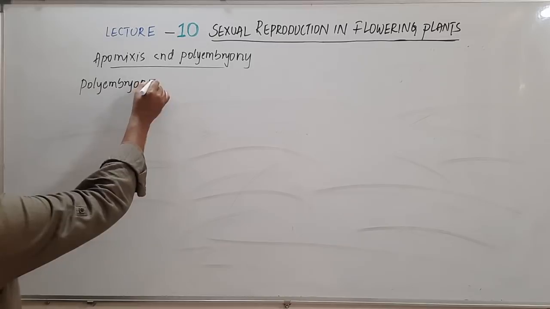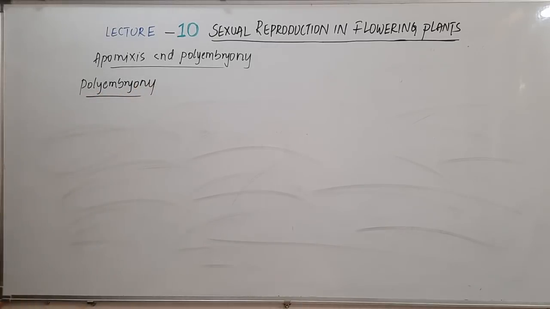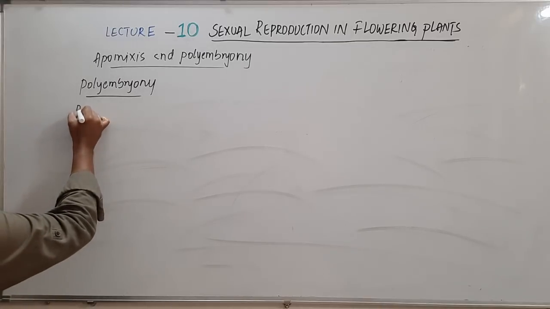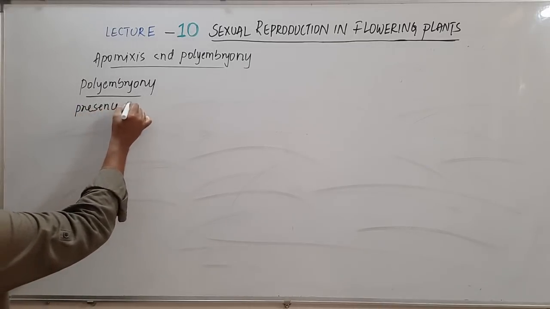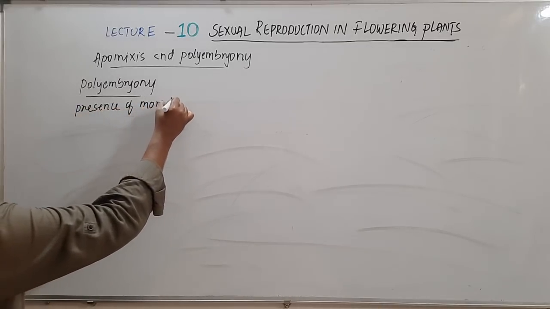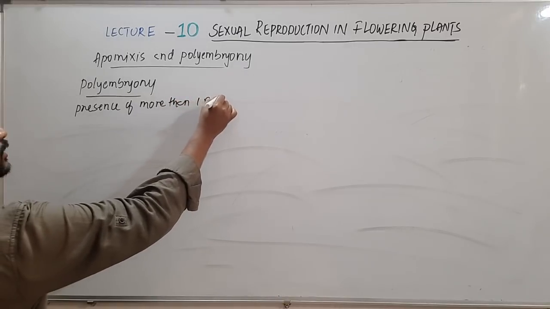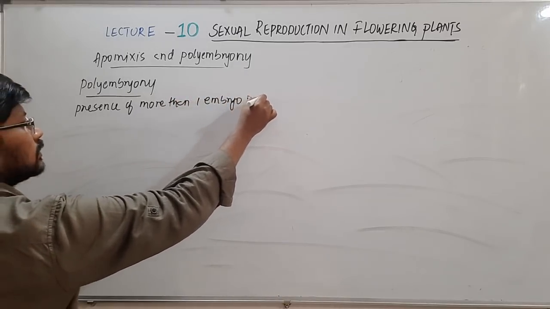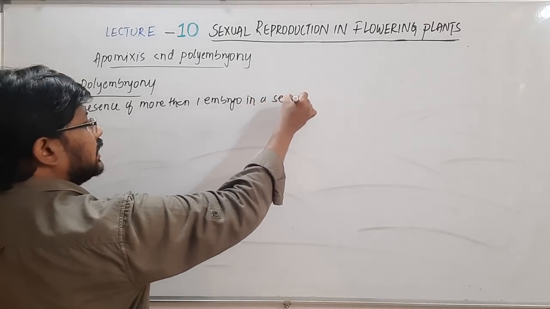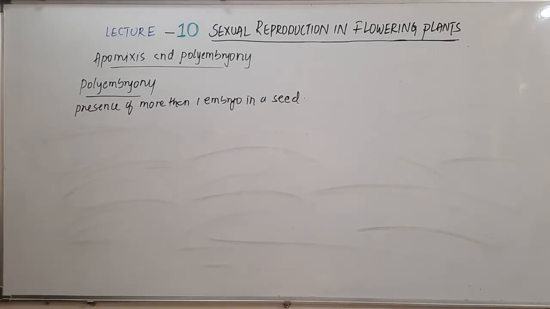First, let's see how polyembryony is defined. It is the presence of more than one embryo in a seed. Presence of more than one embryo in a seed is the condition we call polyembryony.